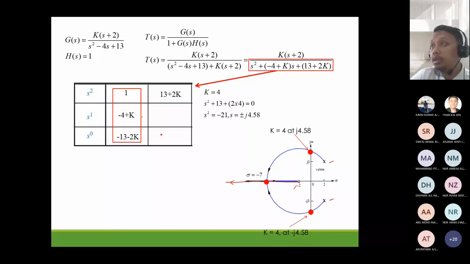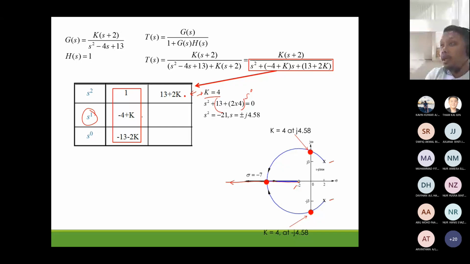We use row S1 to find the value of K at a marginally stable system. Then we substitute this value of K into row S2: 1 s squared plus 13 plus 2K, 2K times s to the power 0.